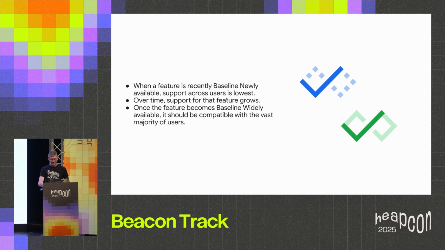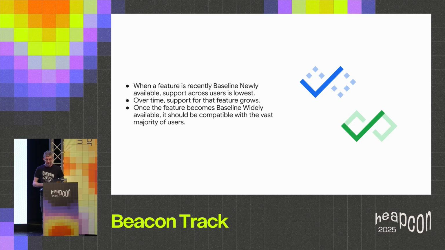Well, it helps to think of the moments between when a feature becomes newly available and widely available as a spectrum when it comes to support in the browsers in use, or that your users use. So when a feature first becomes Baseline newly available, you might not be able to use it immediately. You can't assume that all of your users will support that feature, as it takes time for browsers to update themselves.